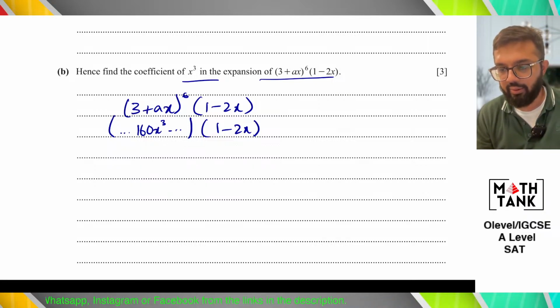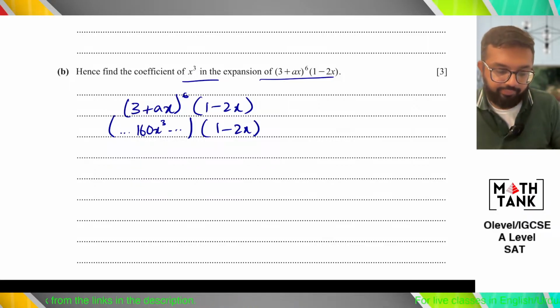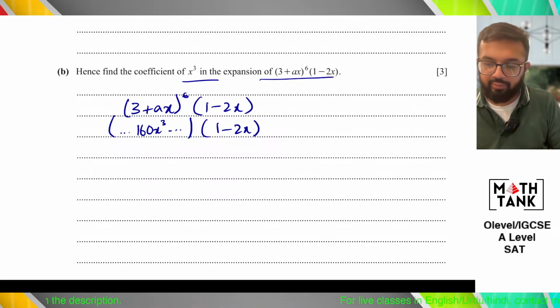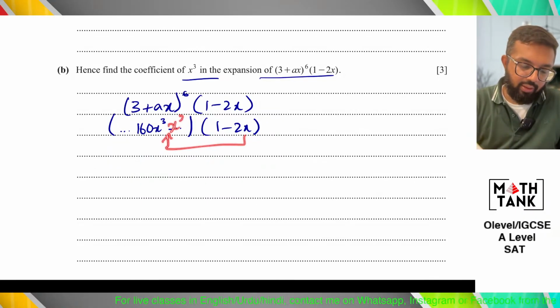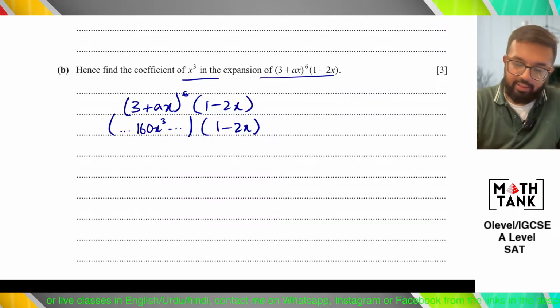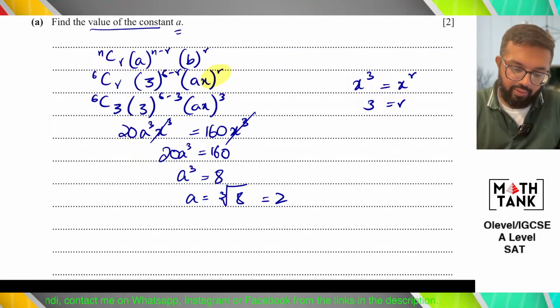But what about the fact that I could multiply this with an x square from here? So I need to go back to my working and find out a term in x squared. Like I found out a term in x cubed.